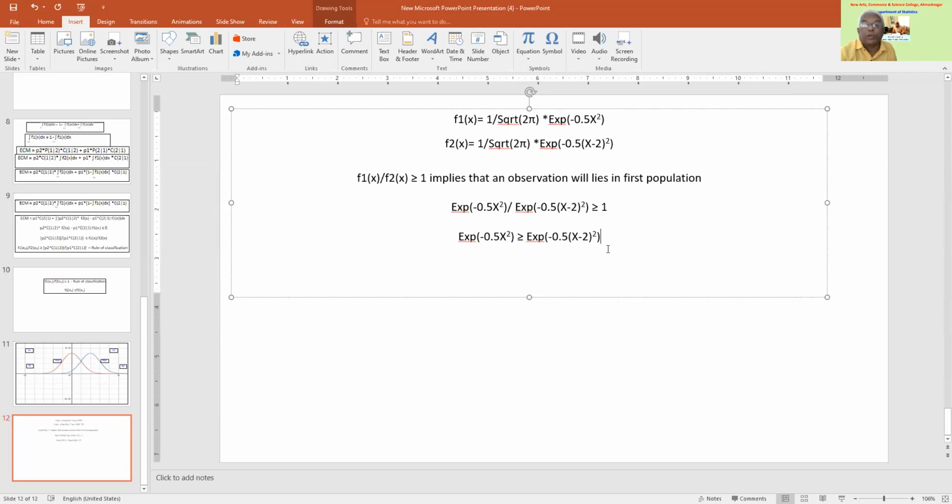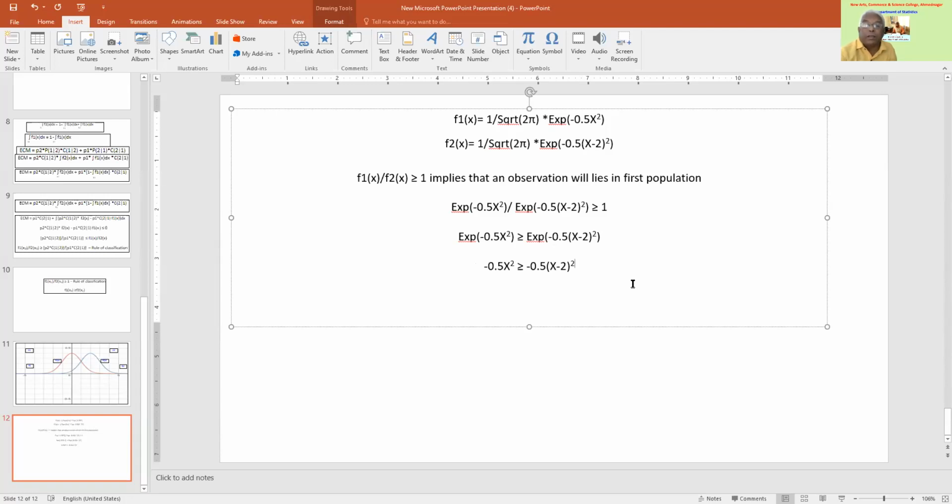Now, exponential is common, so I can write it another way like this.